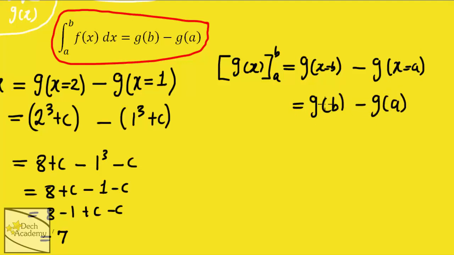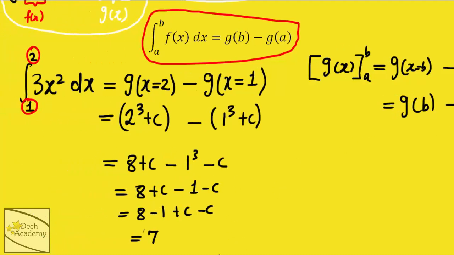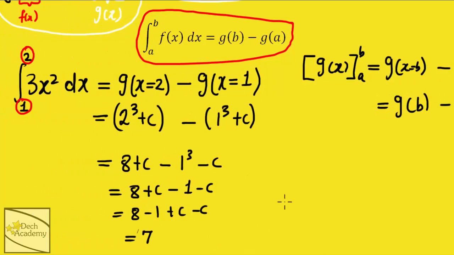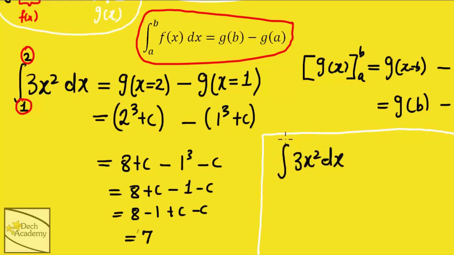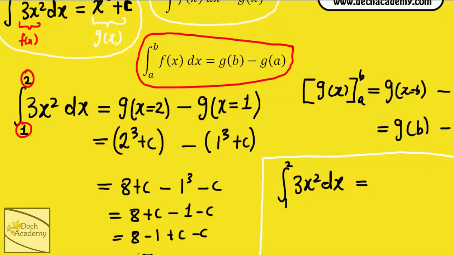This simply means in the function replace x with b, and this simply means in the function replace x with a. So I can rewrite our problem. We have to integrate 3x squared with respect to x with the limits 2 and 1. And that's equal to the indefinite integral which we obtained earlier as x cubed plus c.